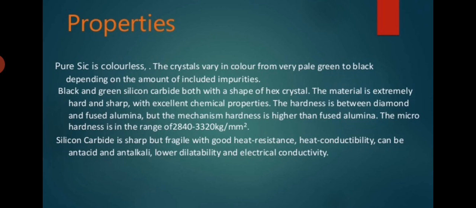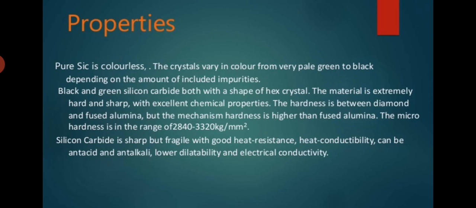Both black and green silicon carbide have a hexagonal crystal shape, and the material is extremely hard and sharp with excellent chemical properties. The hardness is between diamond and fused alumina, but the micro hardness is higher than fused alumina.